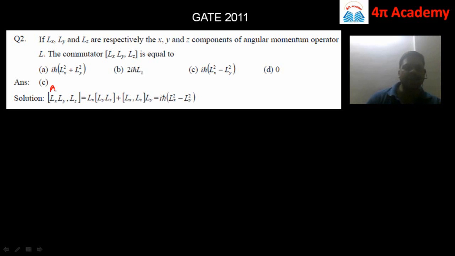So here this is our A, commutator bracket of AB, C. So we apply this property of commutator bracket for AB, C is equal to A commutator bracket of BC plus commutator bracket of AC into B.